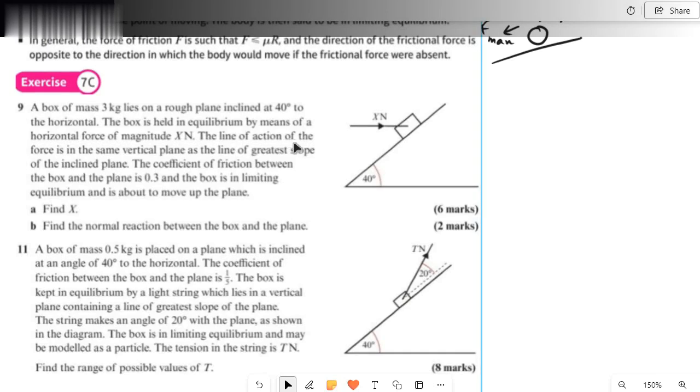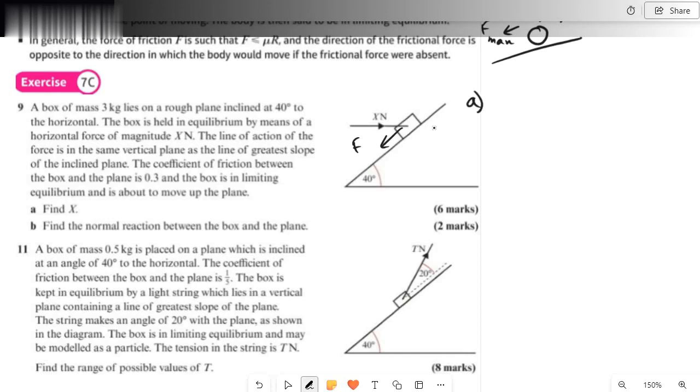The line of action of the force is in the same vertical plane as the line of the greatest slope of the inclined plane. The coefficient of friction between the box and the plane is 0.3, and the box is in limiting equilibrium and is about to move up the plane. So therefore we can say that the friction is going to act downwards. So first of all we have to find x.